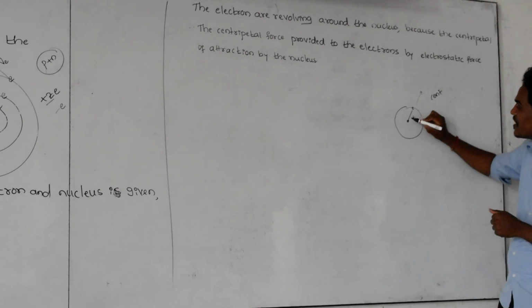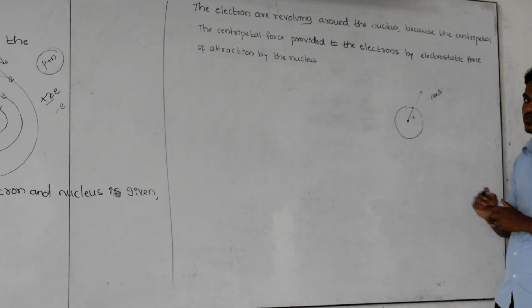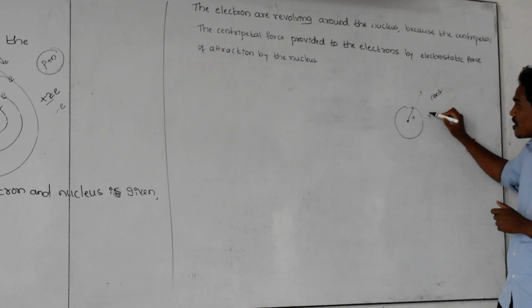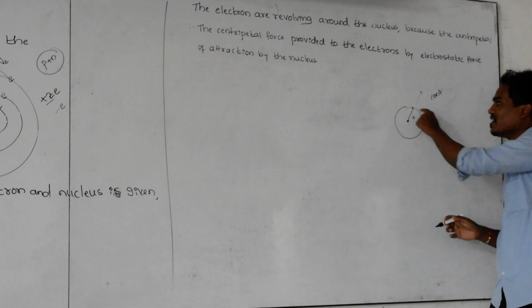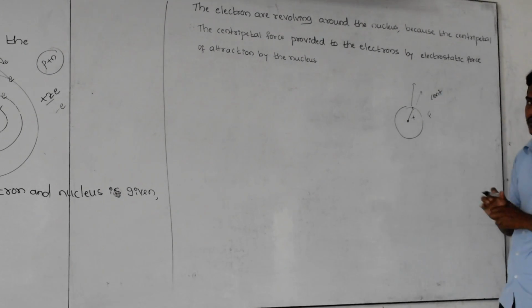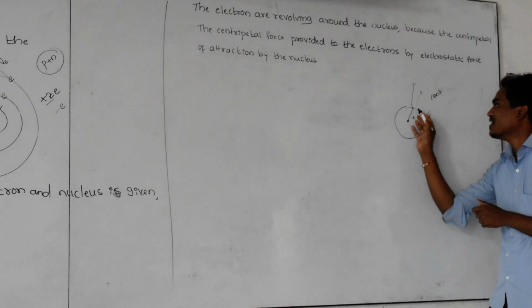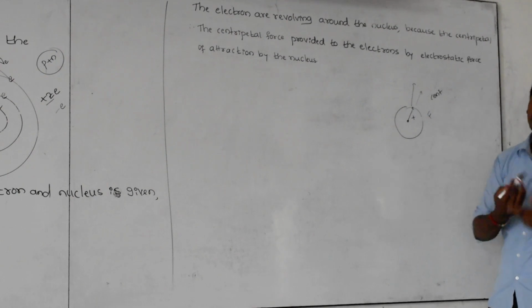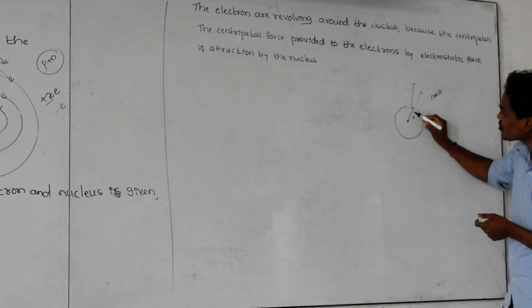If there is no electrostatic force of attraction between these two, then the electron is not revolving. Instead of revolving, it is leaving the orbit. It revolves continuously in this orbit because of the electrostatic force of attraction.